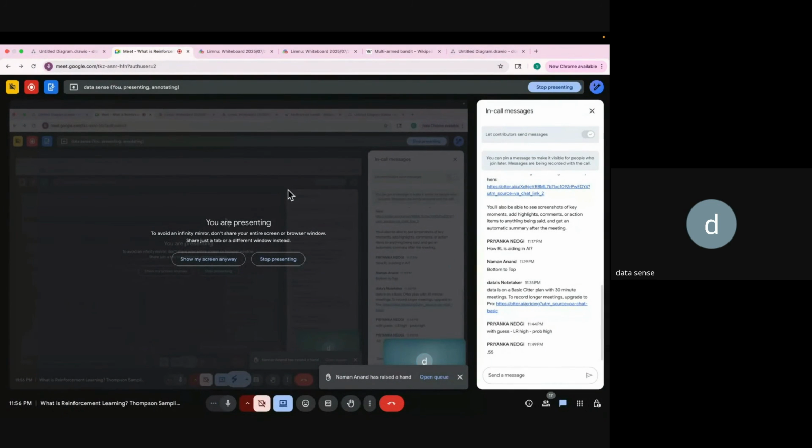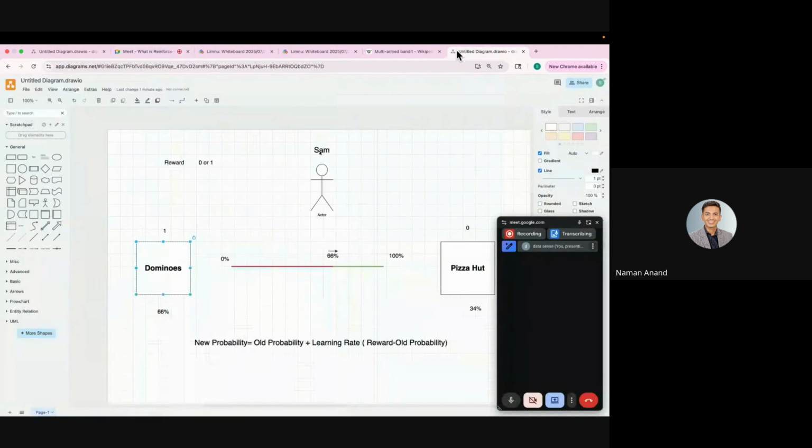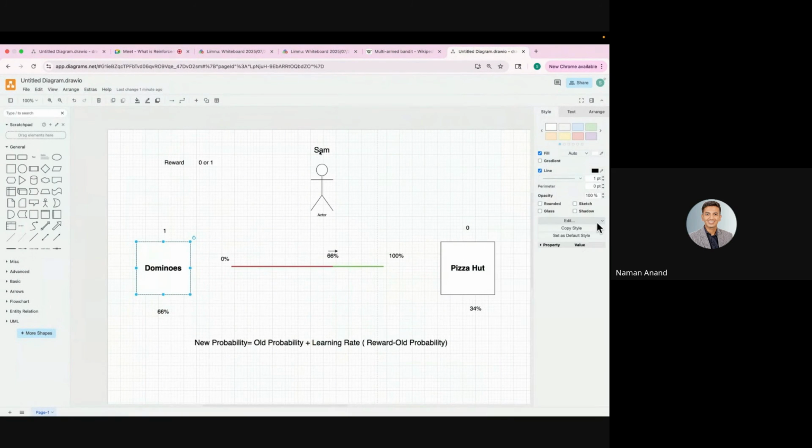Exploitation will be done after, right? We haven't done exploitation here till now. Once you have reached a certain level where the probability no longer increases, then you do exploitation. But the point is that you are doing exploitation in parallel as well, going to one place again and again.